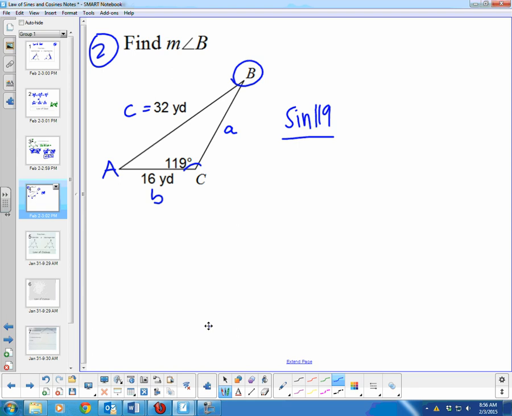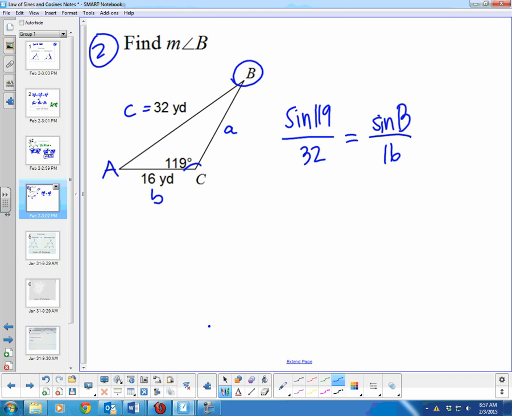And now we want to find angle B, correct? So I'm going to put sine B here, because do we know side length B? Yes, so then we're going to put 16 here. Notice there's only one thing I don't know, which is what you want.